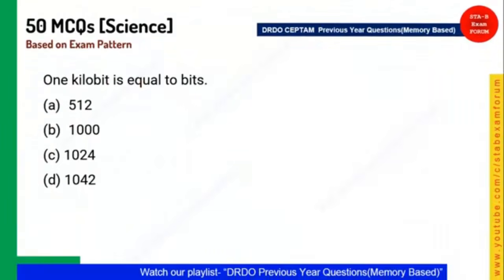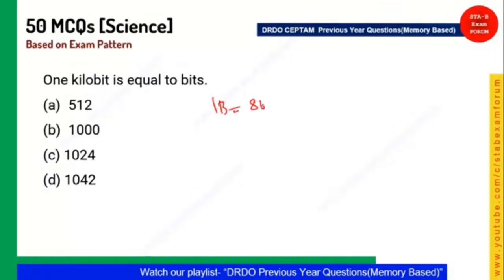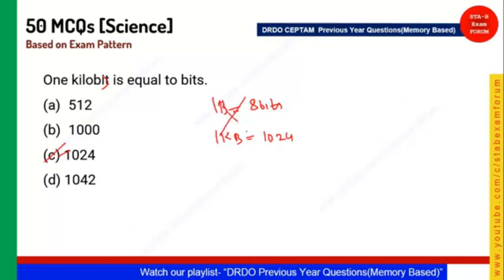A kilobyte is equal to how many bits? Student, remember 1 byte is equal to 8 bits. So you have 1 kilobyte. 1 kilobyte means how many? 1024 bytes. So the answer is option C, 1024. But he is asking not bytes, he is asking bits, so this is incorrect.